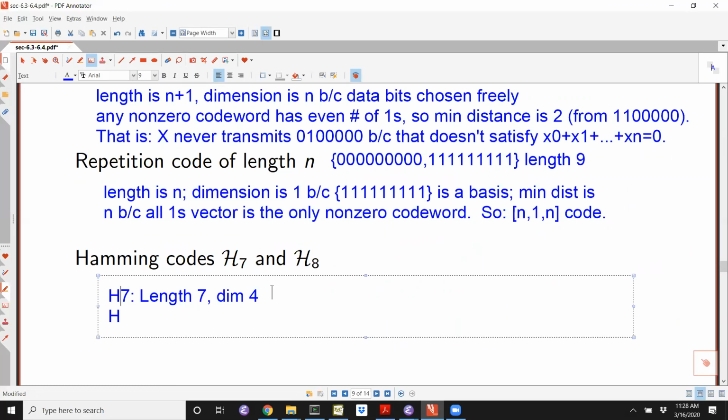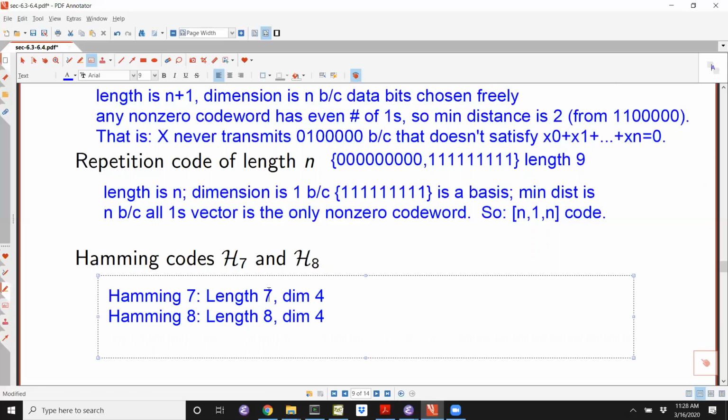So Hamming 7 has length 7, dimension 4. Hamming 8 has length 8 and dimension 4, as it happens. You can calculate that in a very similar way. The minimum distance is not easy to calculate.